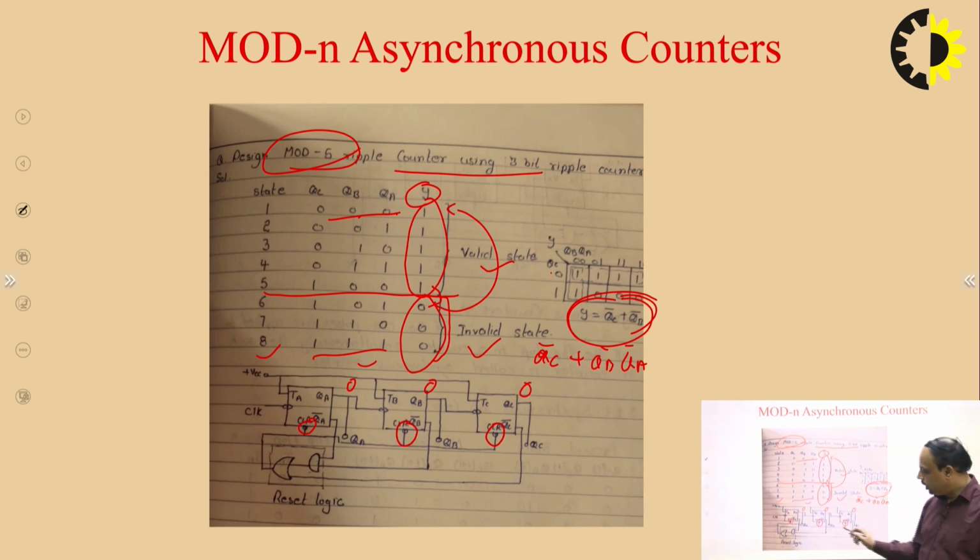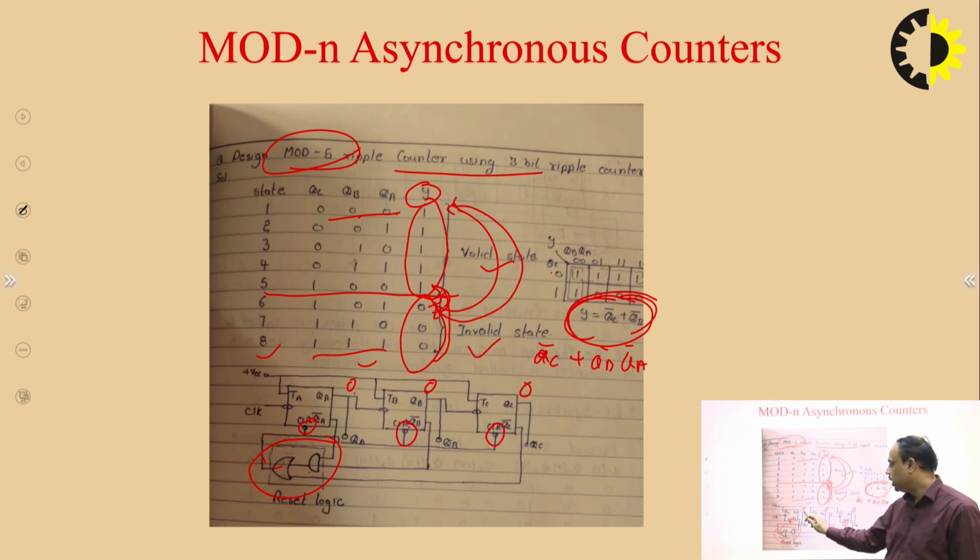So we provide this circuit with the output count, and the output of this circuit is provided to the reset input of all the flip flops. According to this logic, as the counter passes state 5 and tries to come into state 6, it resets the flip flops to state 0 0 0 again and starts counting.